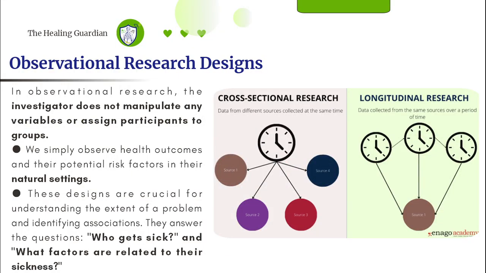If we start with the observational research designs, in observational research, the investigator does not manipulate any variables or assign participants to groups. You simply have to observe. You don't manipulate what is happening. You just look at it in its natural context.